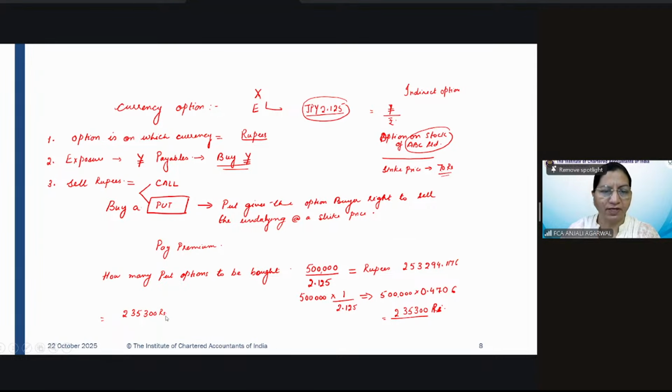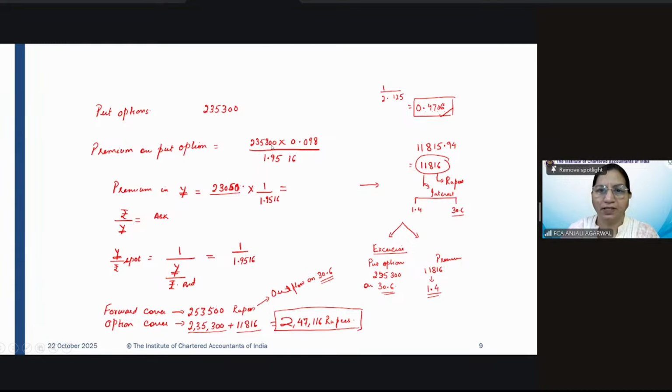So 235,300 should be your outflow. But for that, on 235,300, calculate the premium as well. Premium would be in yens, 235,300 into 0.098. Convert the yen into rupee using the current spot rate of the yen ask, because premium is to be paid in yen.